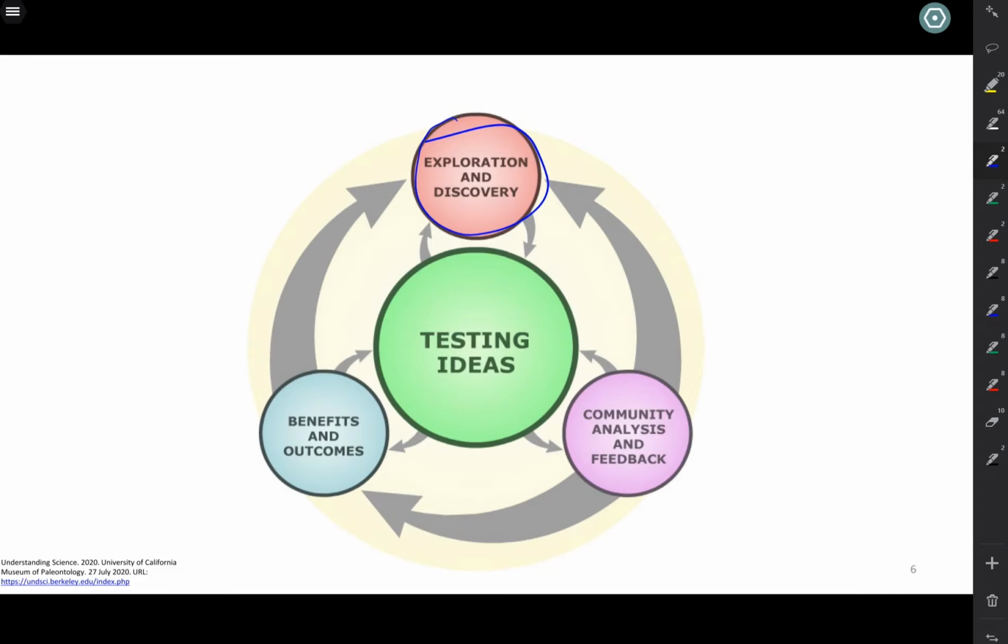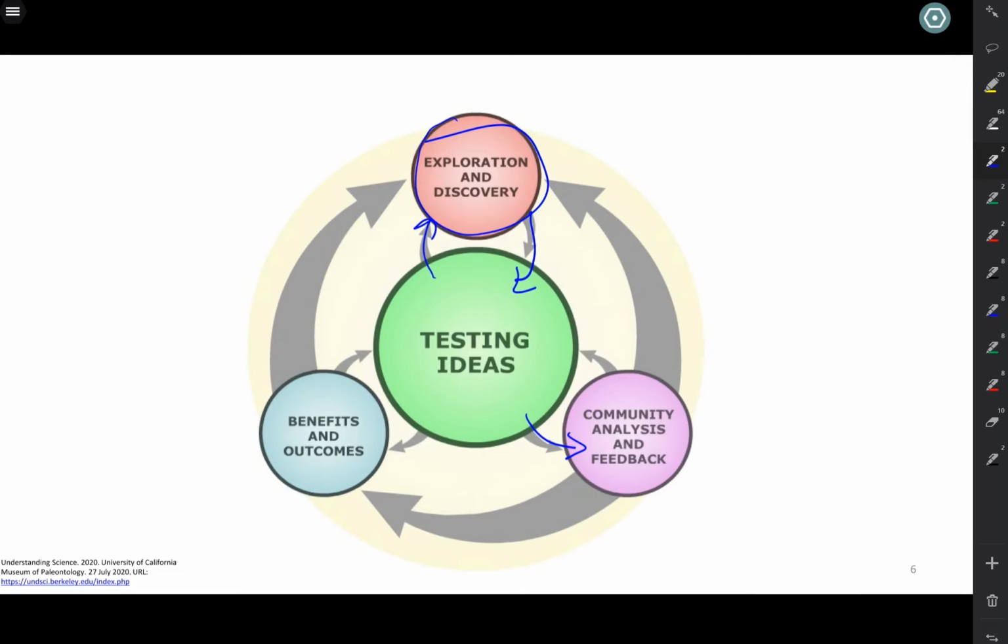Okay, so then this first phase then goes ahead and leads into the next phase, that testing phase. Okay, and this is where we test ideas. We can gather data in this phase, form hypotheses, generate that empirical data, okay, and study that data. And then depending on what happens in that phase, that project may just move right back to the exploration and discovery phase, or maybe it moves on to saying, hey, community, greater scientific community, what do you think about these hypotheses?